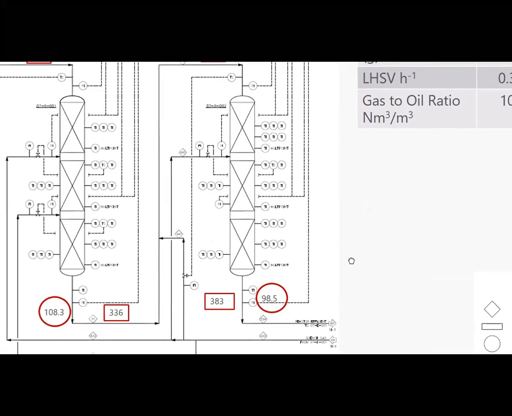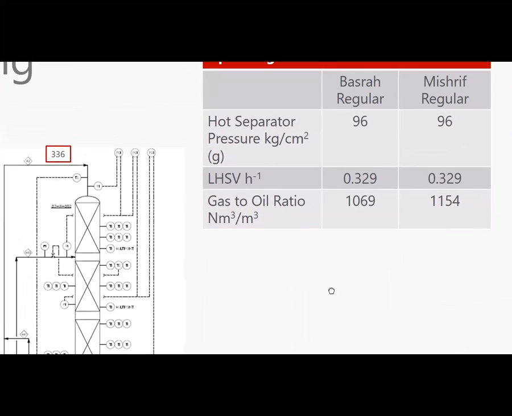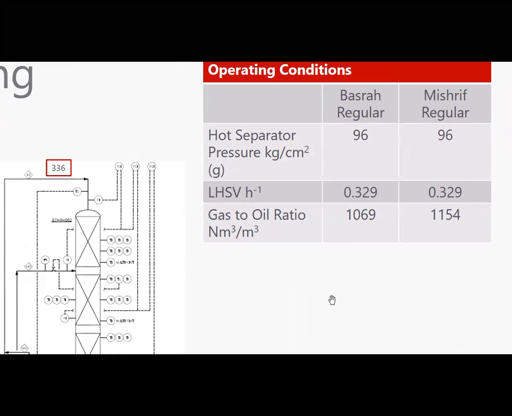And these are the other process variables that we mentioned during the presentation today. These are the operating conditions that they suggest for the unit, the pressure, and this is the liquid hourly space velocity. For both cases it is the same.